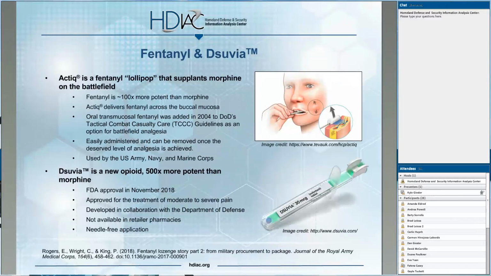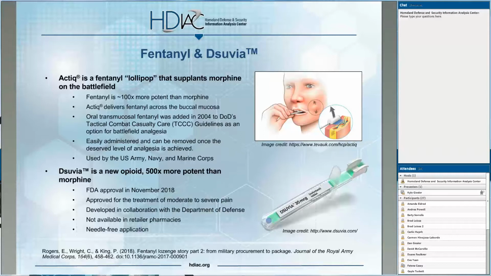But there are other places as well that have warranted the use of opioids on the battlefield beyond morphine. It turns out that most people, whether you're a warfighter or a civilian at home, don't tend to like needles, and there are other applications by which opioids can be delivered to produce analgesia.